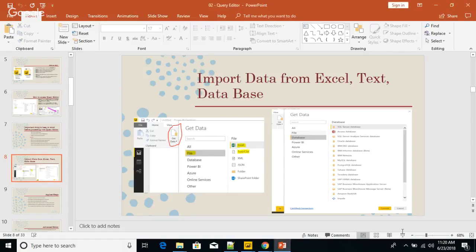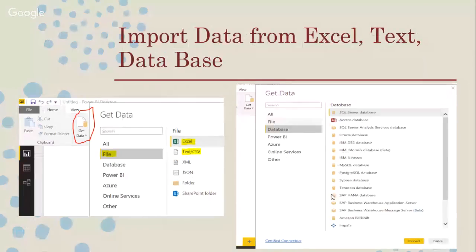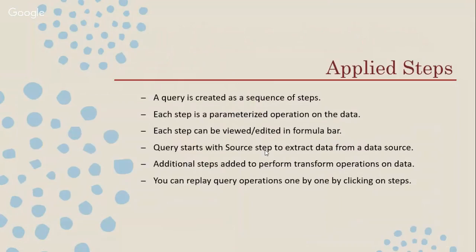So let's see another option in Power BI Desktop in our slides. Applied Steps. I showed it 2 minutes before, when I opened the Power BI query editor, on the left-hand side, the Applied Steps option is there. So what are Applied Steps? A query is created as a sequence of steps.